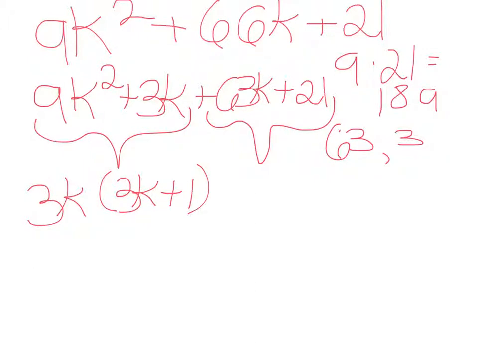And then I'm using the common factor, that is 21, and it will give me 3k plus 1, because if I multiply 21 by 3k, it will give me 63k, and if I multiply the 21 by 1, it will give me 21.